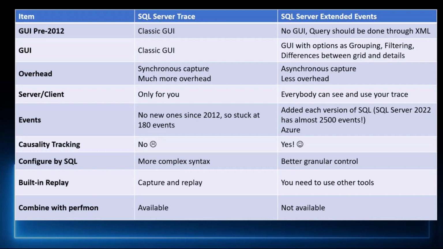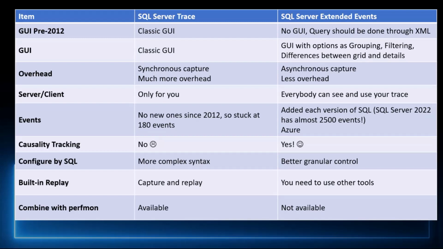The next one, the events, I already told. Trace isn't being developed anymore, so we're stuck at the 180 events. And perhaps for some basic items, and if you don't care about any other things mentioned here, you can still use it. But if you want the new events, like the ones named before, or Azure, etc., definitely use extended events.